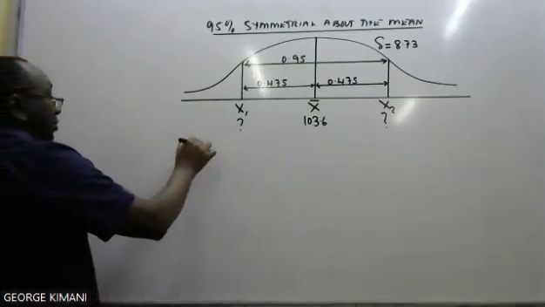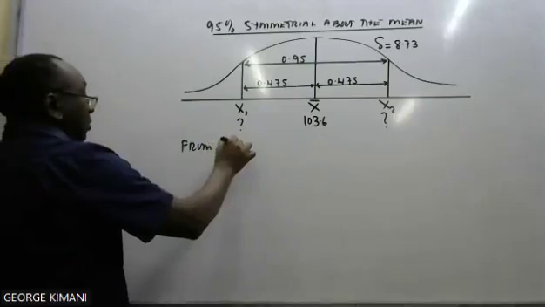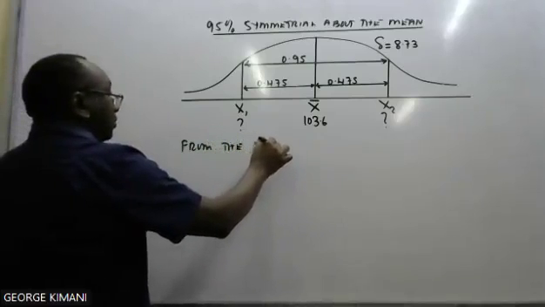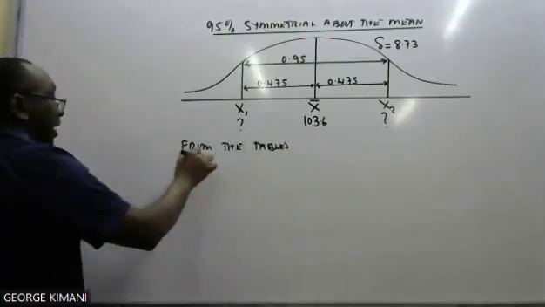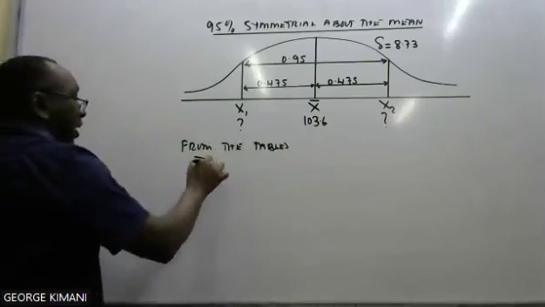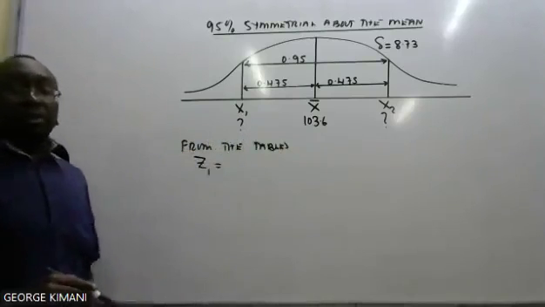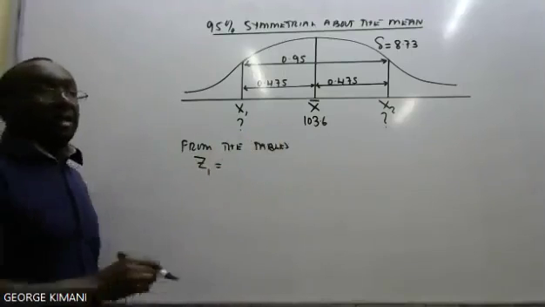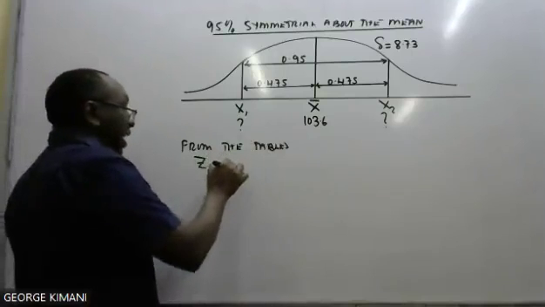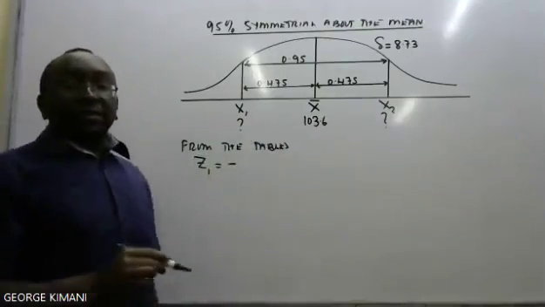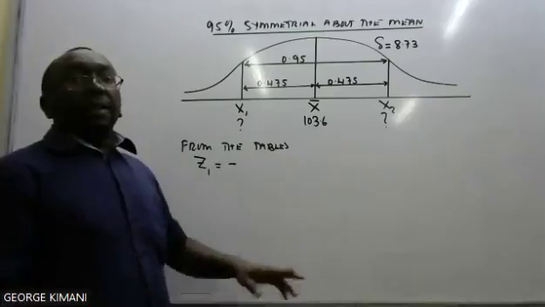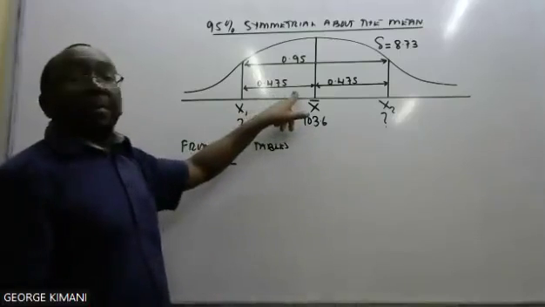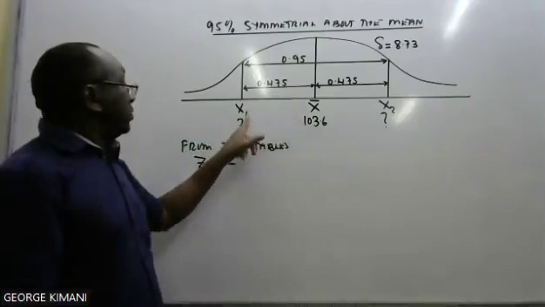From the tables, Z1, because we see X1 is on the lower side, Z1 should come in as a negative value. It will be negative. Now you will do just as we did for the other one, because we know this is a probability that we read, that was between this and this.